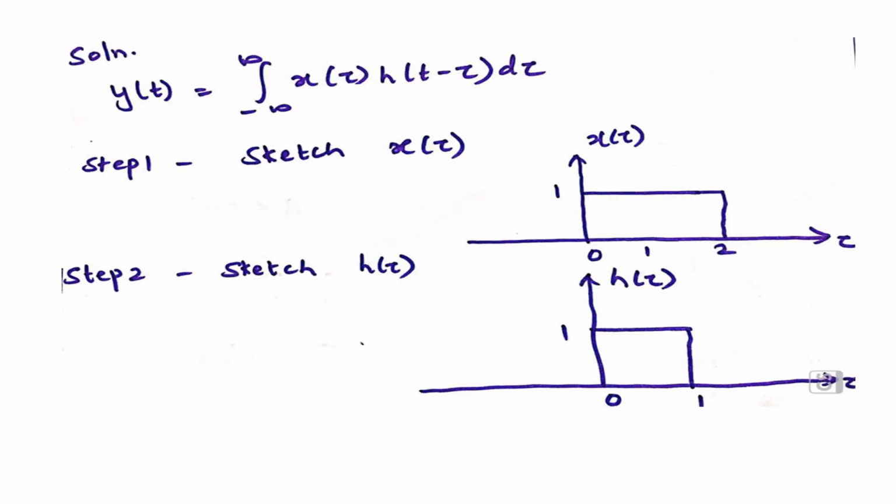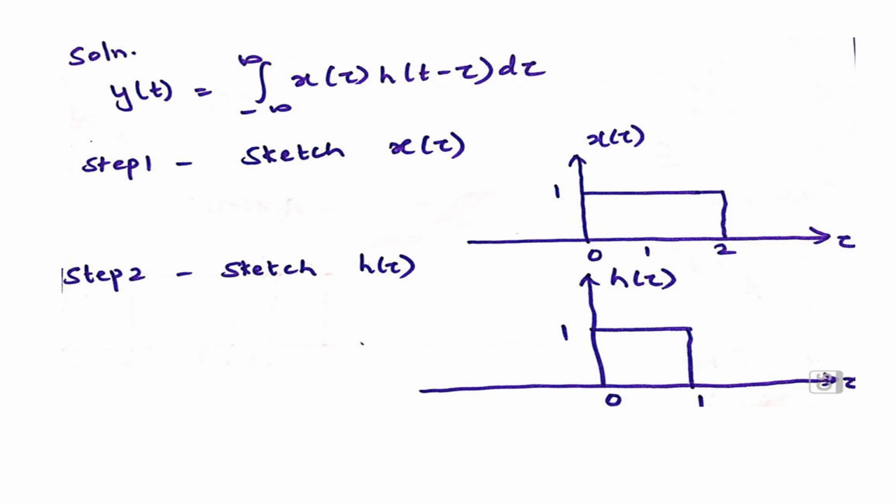As discussed earlier, we are starting with the definition of convolution. y of t is equal to integral minus infinity to plus infinity x of tau h of t minus tau d tau. So this is our expression for convolution.